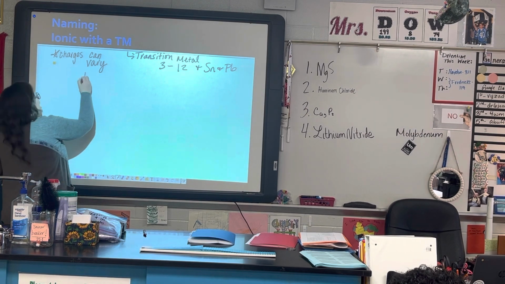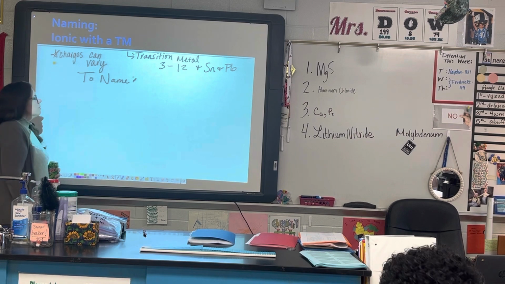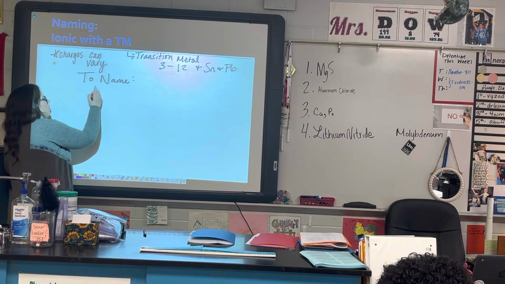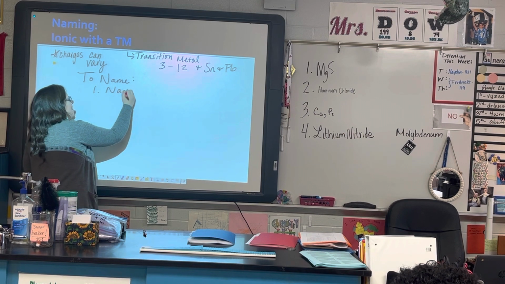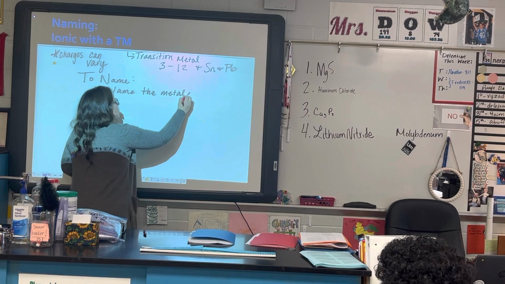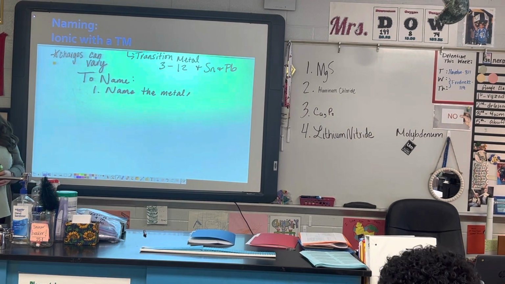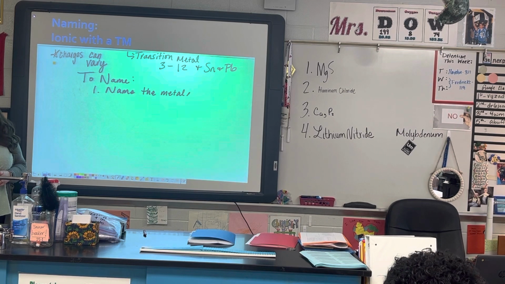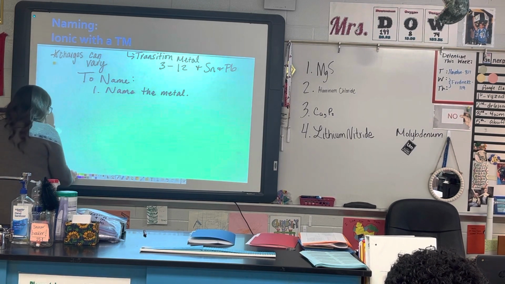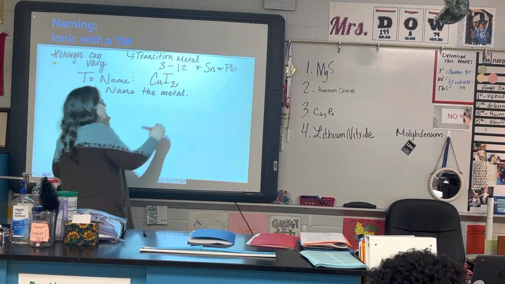All right, so to name these. Step number 1, we're still going to name the metal first. But now this time when we go to find our metal on the periodic table to name it correctly, we notice that it's in our transition metal range. So my example is going to be Cu(I)2.